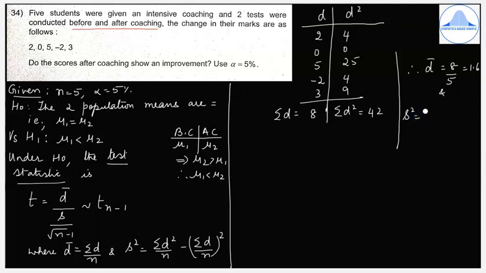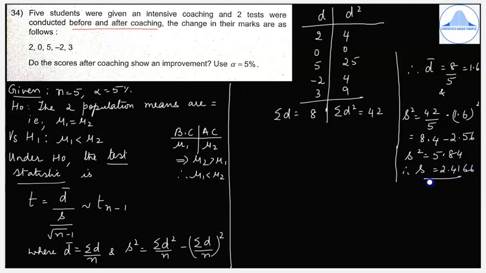S square is nothing but 42 divided by 5 minus 1.6 the whole square. So 42 divided by 5 is 8.4 minus 2.56, so you'll get S square is equal to 5.84, and finally S is root of 5.84, which is 2.4166.